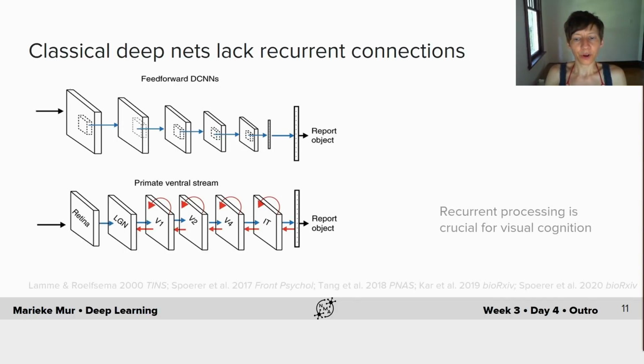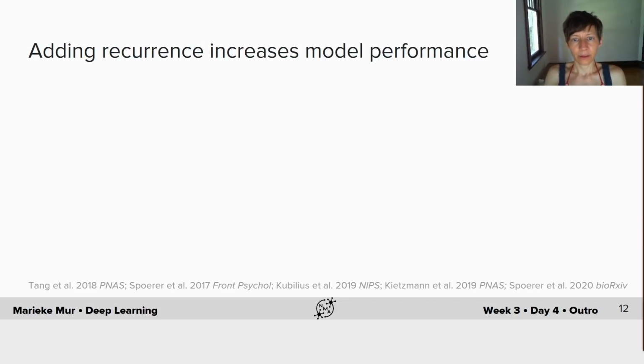Multiple studies have shown that recurrent processing is crucial for visual cognition, especially for recognizing objects under challenging visual conditions, such as occlusion. So, consistent with the proposed role of recurrent processing in object recognition, adding recurrent connections to a feed-forward neural network improves object recognition performance.